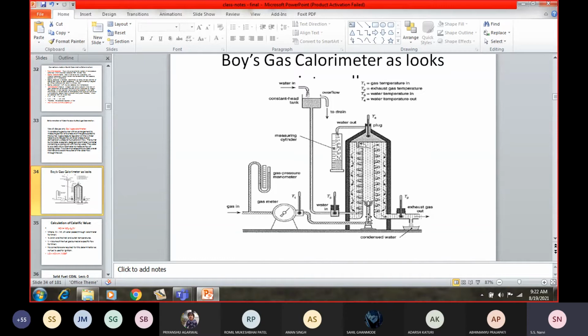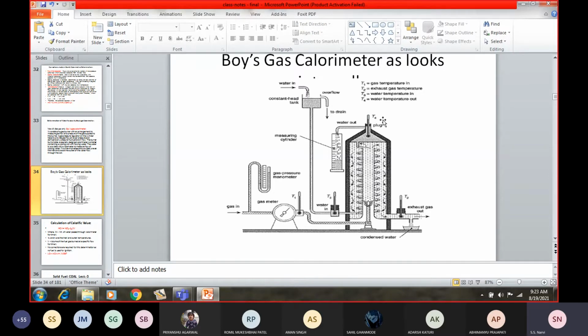The gas is ignited, and the combustion reaction will take place. The combustion products are formed, and heat will be evolved in the combustion process. That heat will be absorbed by all the material of the calorimeter and the circulating water. What happens? Initially, when you do this, this temperature T4 will keep on changing. But after some time, this T4 will become constant.